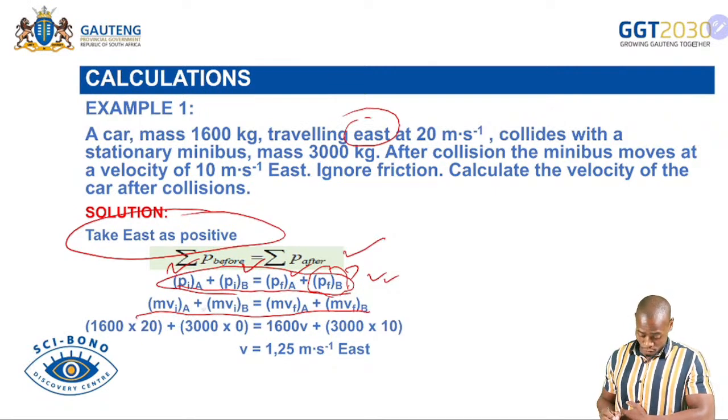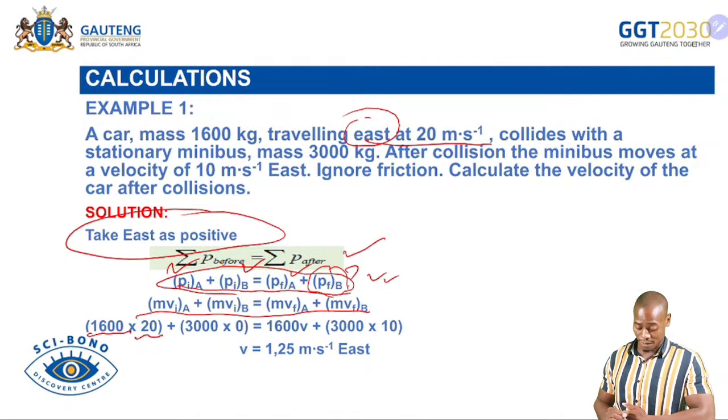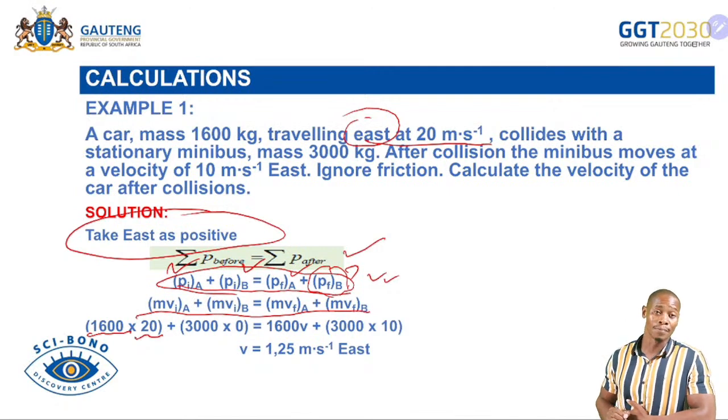All right, so remember we took east as positive. So what is the mass of A? It is 1,600. And the initial velocity of A is positive 20. Why positive 20? Remember from the statement, we are told that it is traveling in an easterly direction at a velocity of 20 meters per second, and we are taking east as positive.